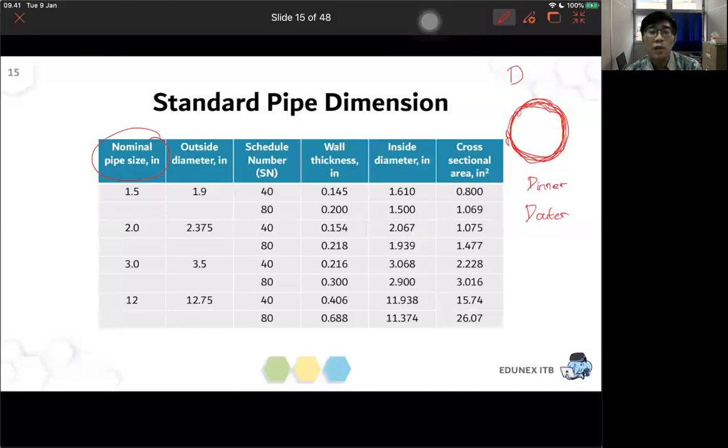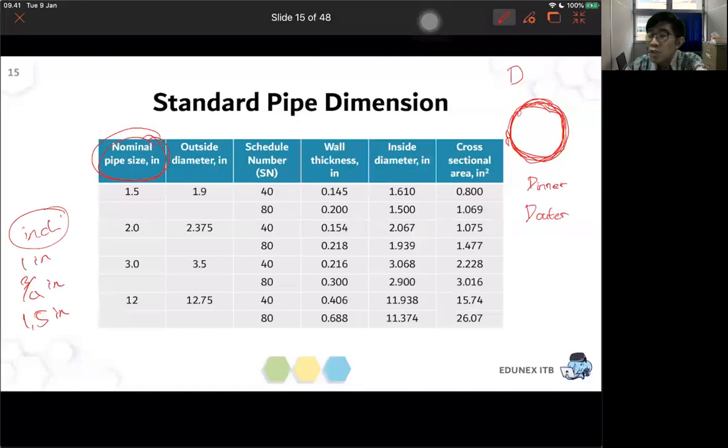Sometimes you mention 1 in, in means inch, 1 in, or 3/4 inch, or half, 1.5 in. This is called the nominal size of the pipe. The unit is usually inch.